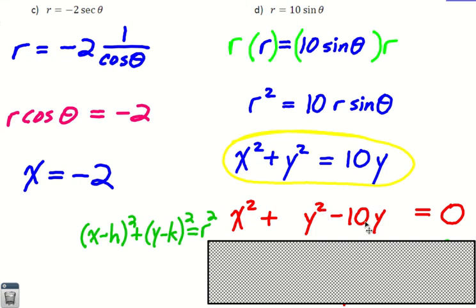I want it to say y minus just some number, or plus some number for that matter, in a bubble that is squared. So this is where I group those together, at least in my mind. And here's where I do something called completing the square. Okay?